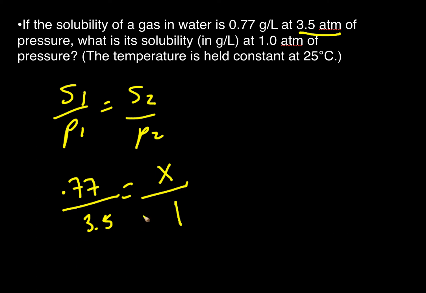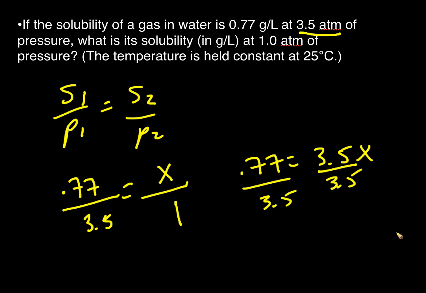So we just have a proportion here. 0.77 times 1 is 0.77 equals 3.5x. How do we get x by itself? We divide by 3.5. 0.77 divided by 3.5, and we get 0.22 grams per liter.